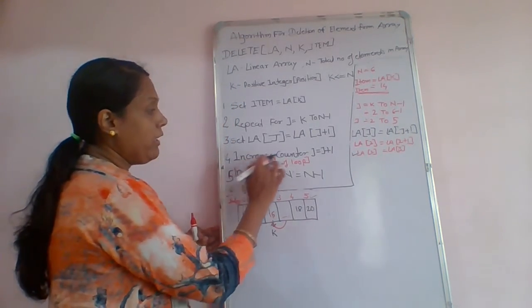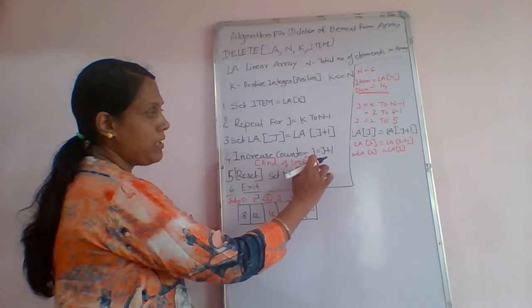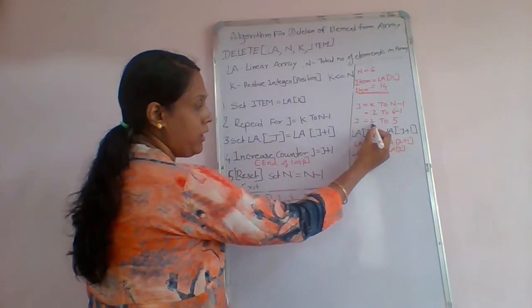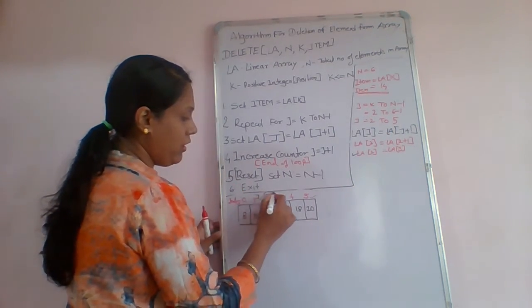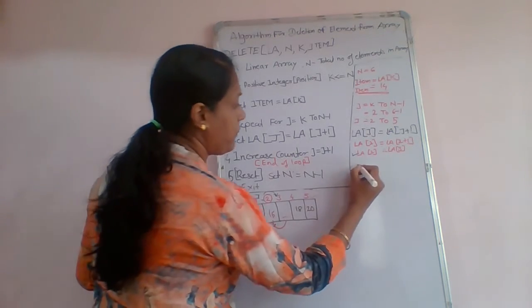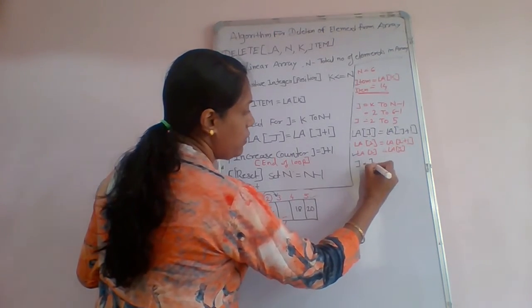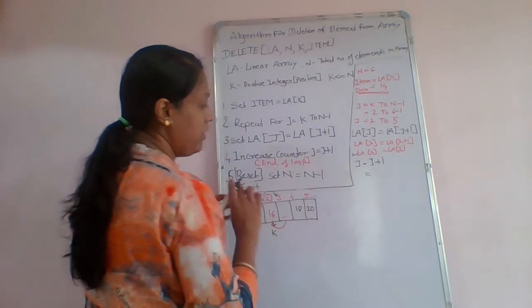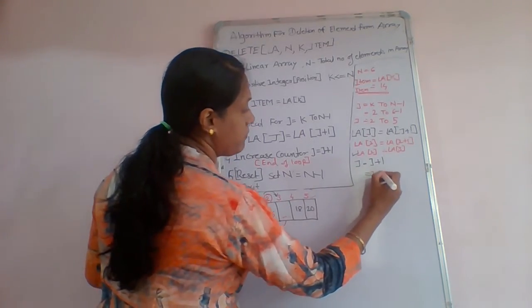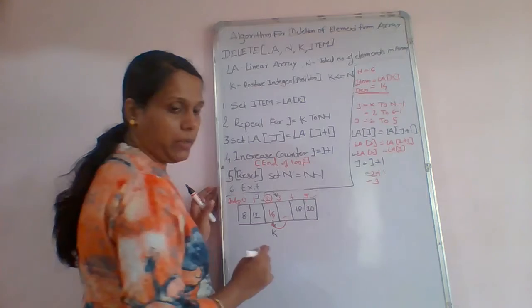Now increase the counter, j equals j plus 1. j is starting with 2, now j is j plus 1, that is 2 plus 1. It becomes 3.